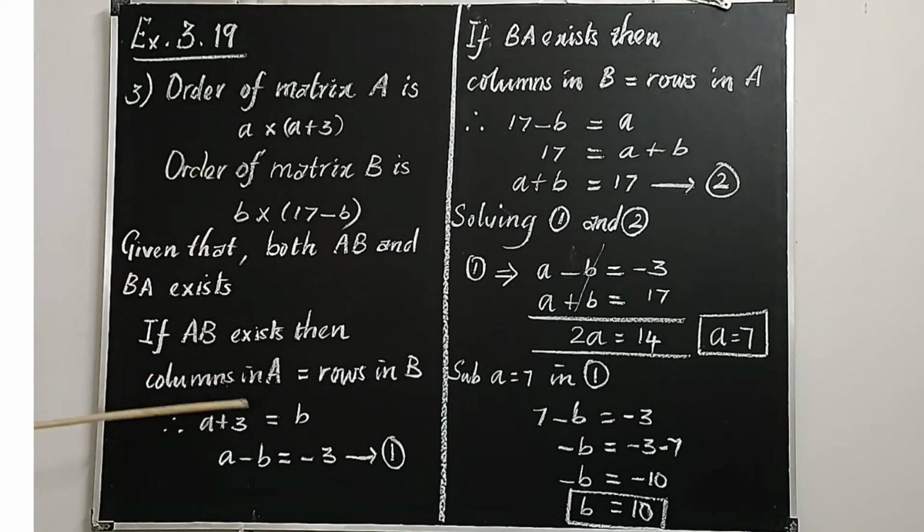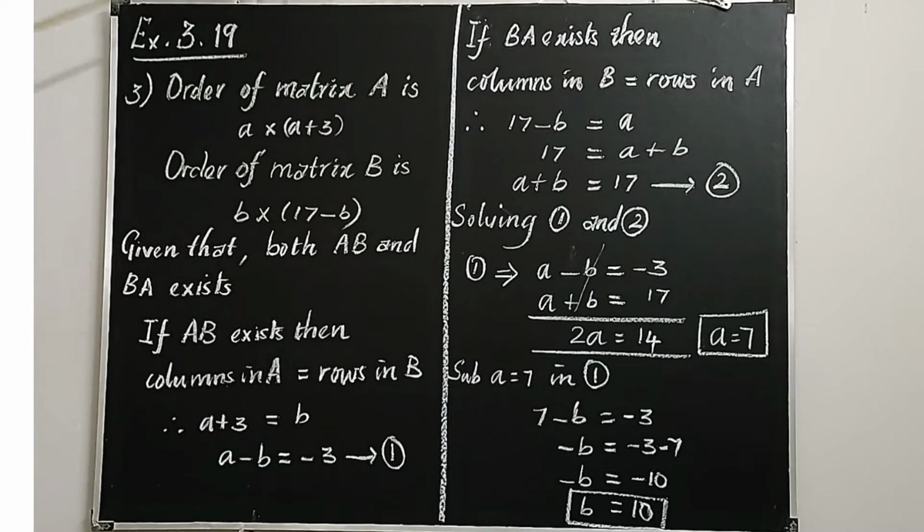A plus 3, which is equal to, what's rows in B? Which is equal to B. So here we can derive one linear equation in two variables. Let us bring this B to this side, that is minus B. A minus B is equal to, take this plus 3 to that side, that is minus 3. So A minus B is equal to minus 3 is the first equation which we get from AB exists.